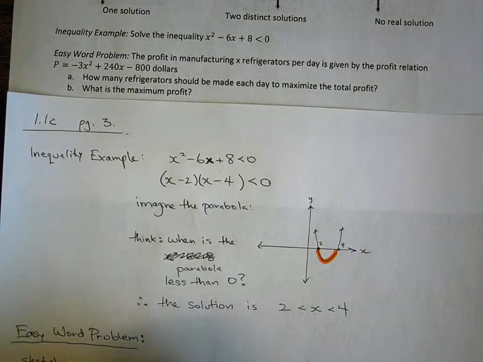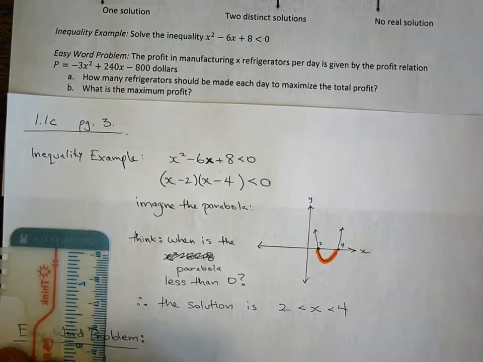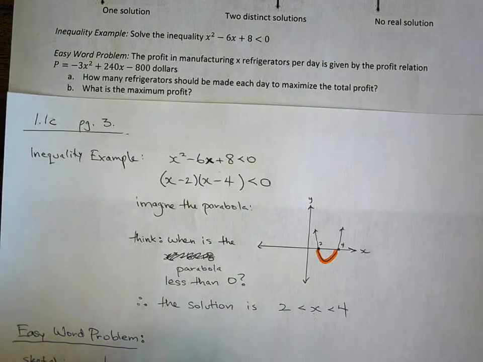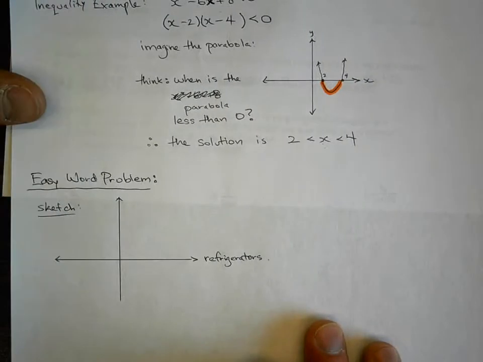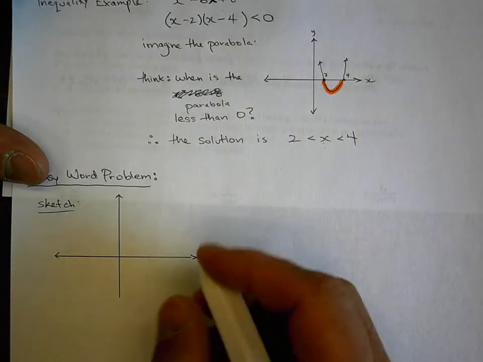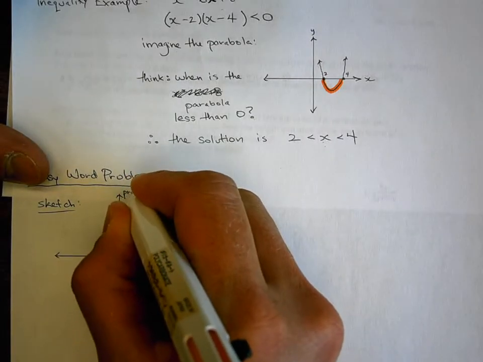So I have the number of refrigerators. Oh, you can't see any of that. There we go. So the number of refrigerators, and then I'm looking at my profit.